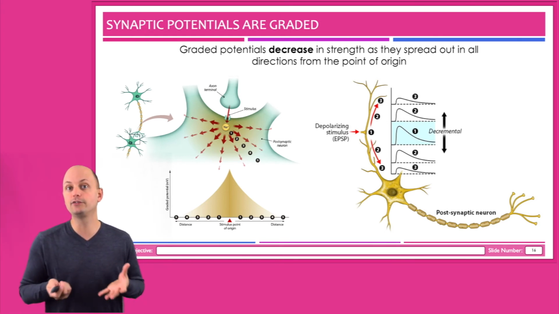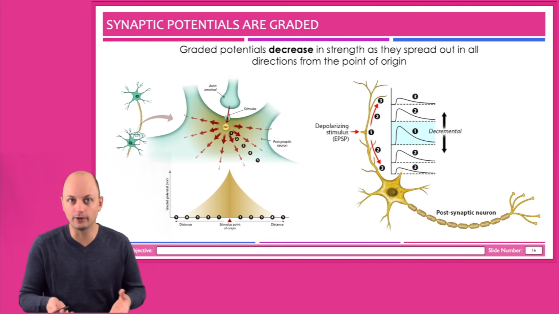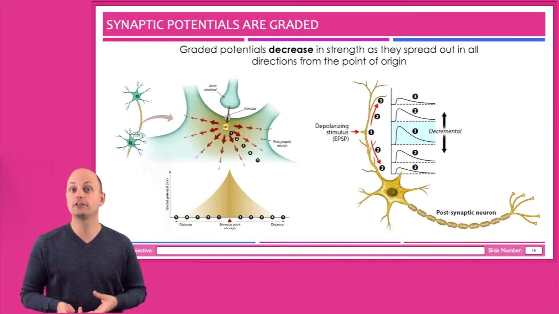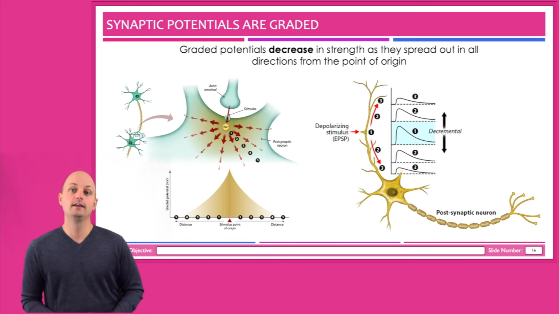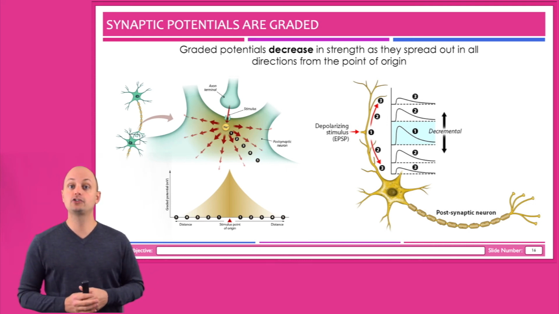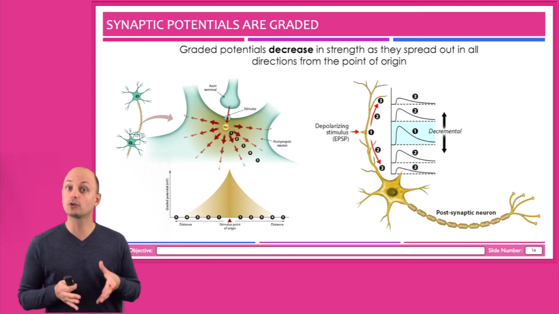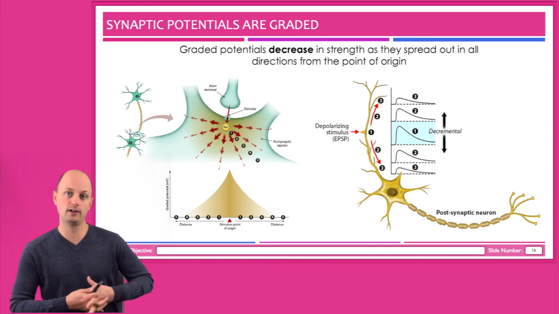Now, as the ions diffuse further away from the membrane, the change in membrane potential that they're able to create becomes weaker. Because remember, your cells are like the ocean, and membrane potential is a very localized effect. The image on the right here is showing you the changes in membrane potential recorded at different locations on the dendrites.